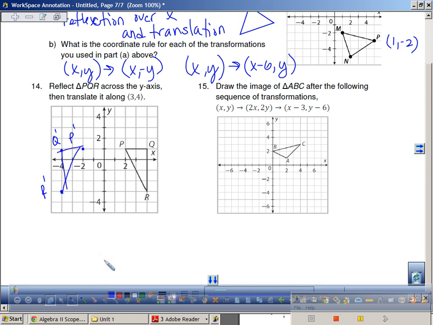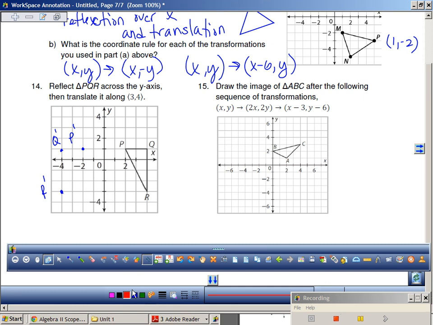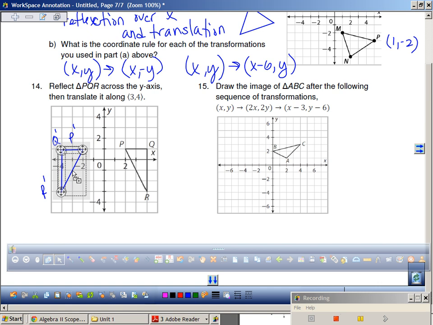Then, what happens? Now, see, this is where I should have just made it prettier, because I'm going to move it, right? So I take that. 1, 2, 3, 1, 2, 3, 4.